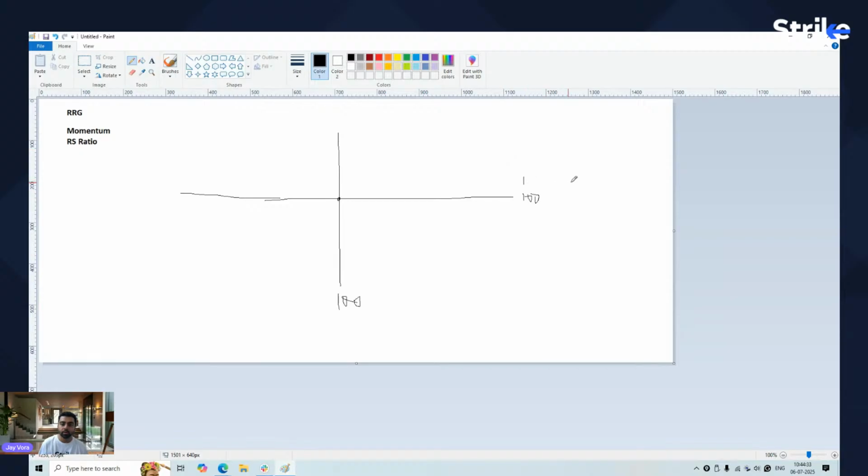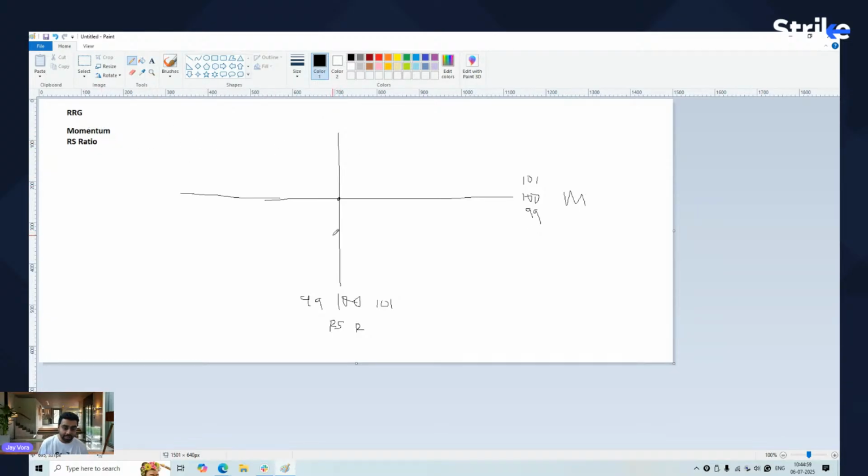Then over here comes 101, 102, and so on, and here comes 99, 98, and so on. Similarly over here 101 and so on, and here 99. This is RS ratio, and this is momentum.